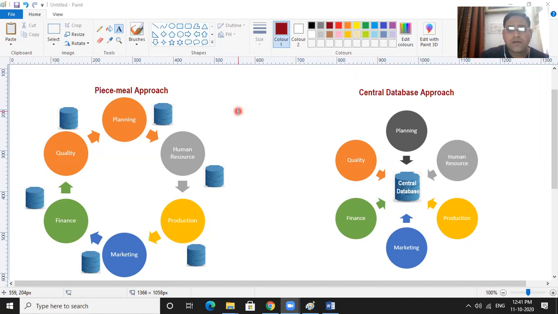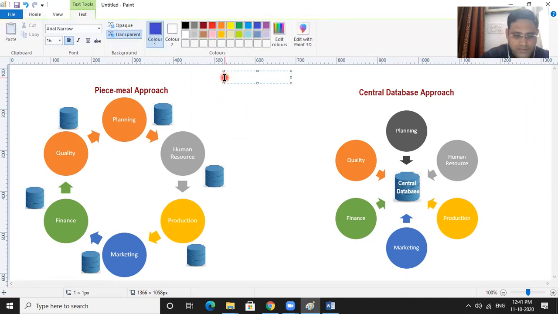So, guys, earlier the scenario was the piecemeal approach. Piecemeal approach means, let us suppose there is a company, let's say Bajaj.